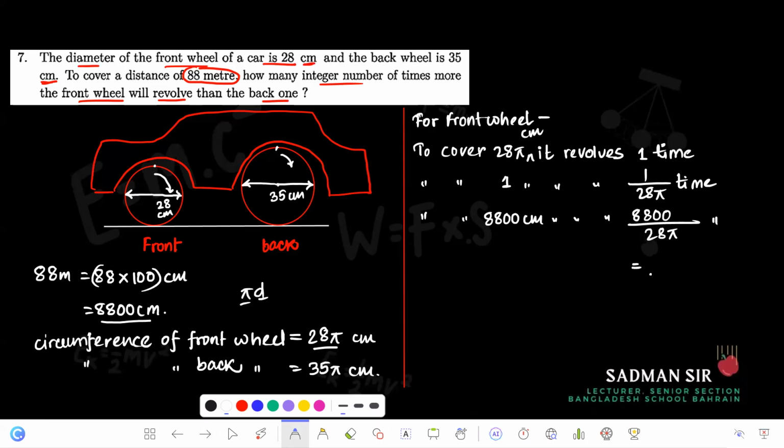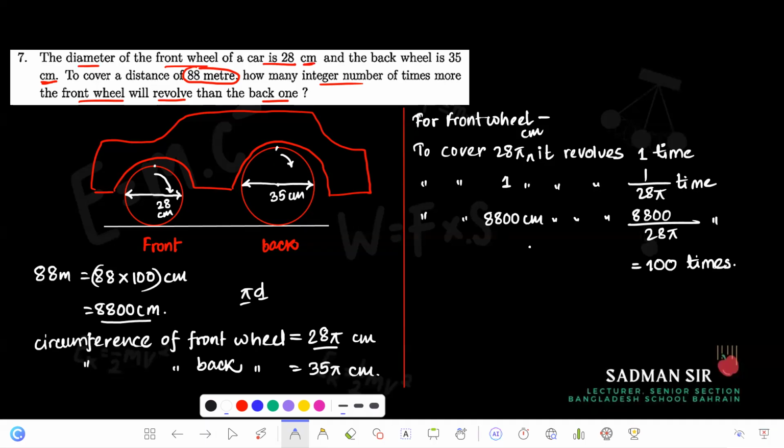Okay, can you do the calculation? 100. That means it will revolve 100 times, correct?